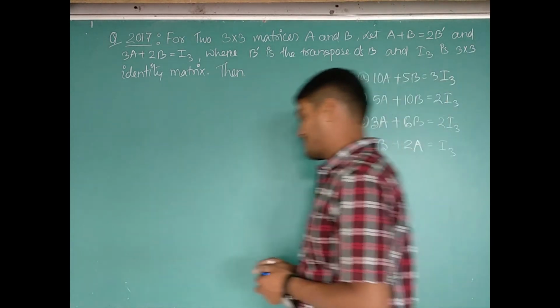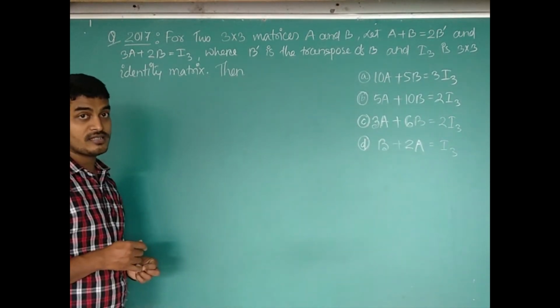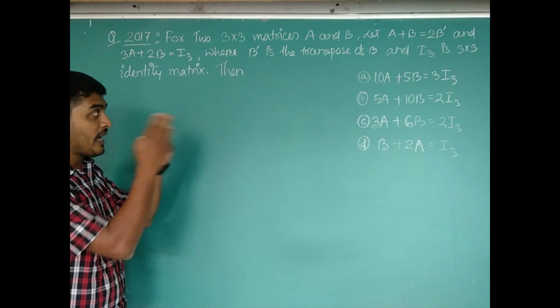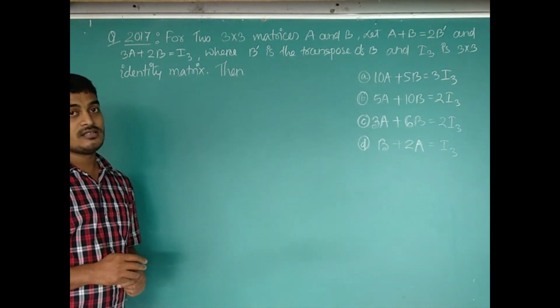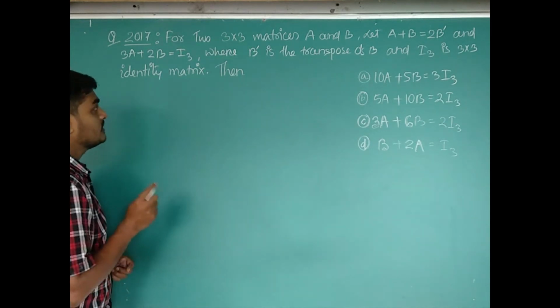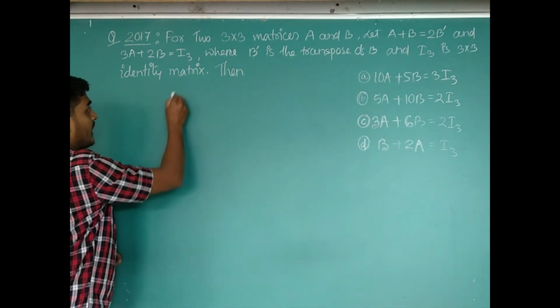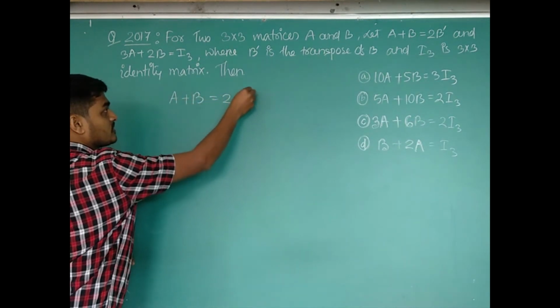So let's start. How can we proceed to find out the answer? From the given information, we have to arrange it in such a way that we will get the answer. First of all, remember that it is given that A plus B is equal to twice B dash.